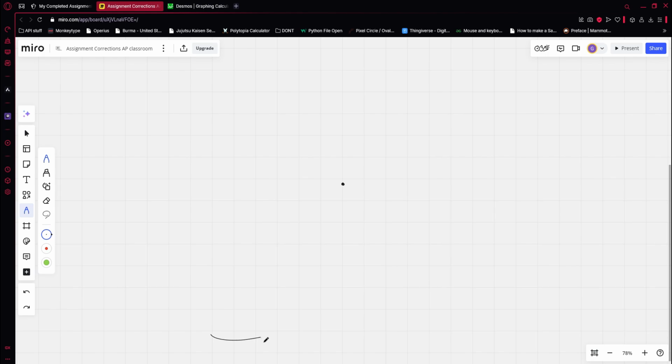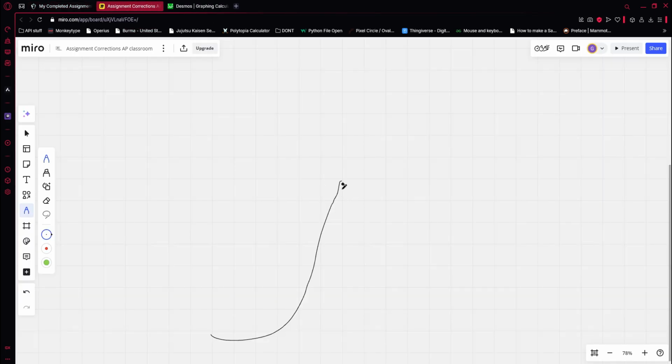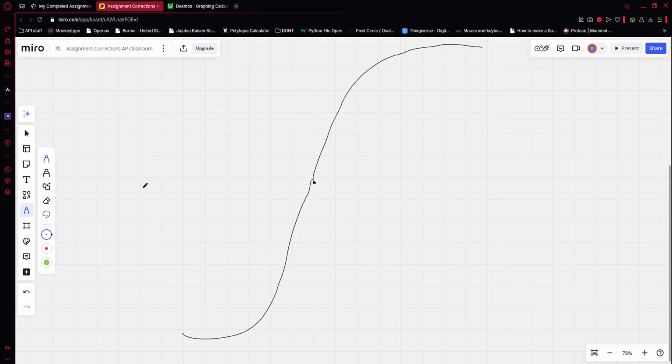Like this. Because we're going faster and faster and faster, right? And then rate of change is decreasing for x greater than 2. So we're going fast, but then I don't really want to go fast anymore, right? So we get this kind of cubic function looking thing.